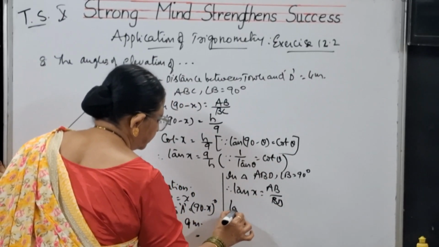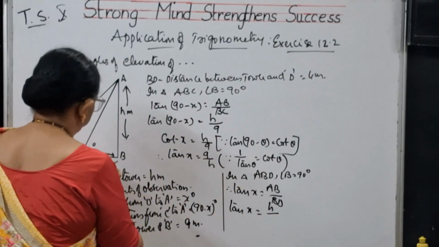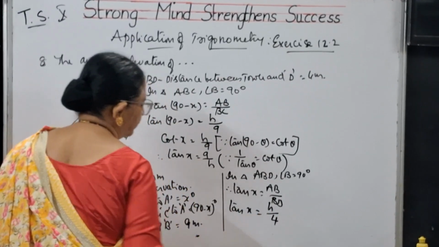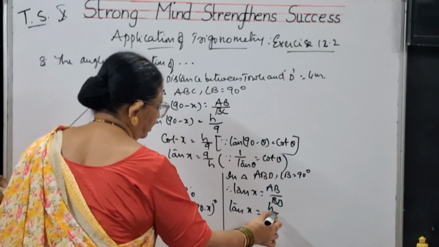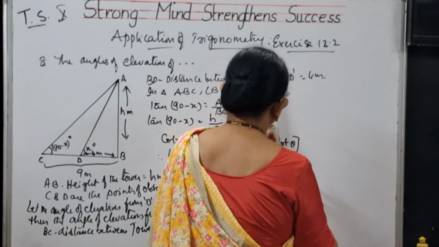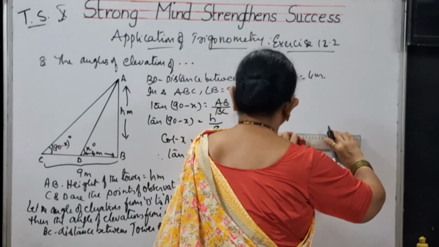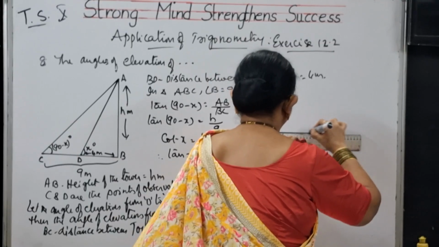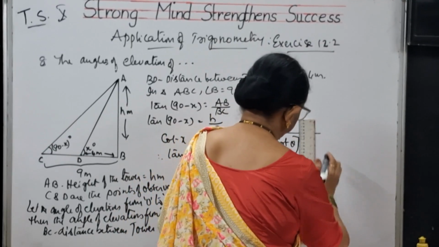That means tan x is equal to AB, which is h, by BD, which is 4. So see children, tan x is equal to 9 by h, and tan x is equal to h by 4. In both cases, you are getting tan x values only. So let us equalize them and solve the problem.